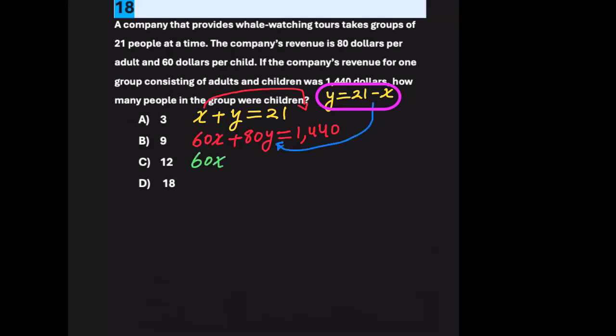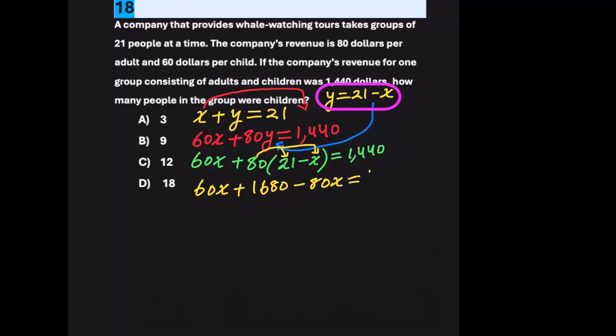So we have 60x plus 80 times the value of y, which is 21 minus x, and that's equal the amount of money. And we have 60x plus, we're going to distribute this 80 to here and here. So we have 21 times 80, which is 1,680 minus 80x, and that's equal 1,440.